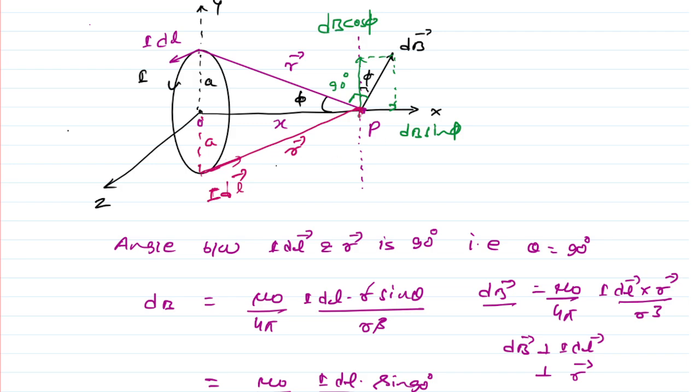So dB will be again perpendicular to this line. So we have to draw the dB at a 90 degree angle. And again, this angle will be phi, and this angle will also be phi. So if you split into two components, again there will be one component dB sine phi horizontal, and the vertical component will be dB cos phi. So these two vertical components are equal in magnitude and opposite in sign, they will cancel out.